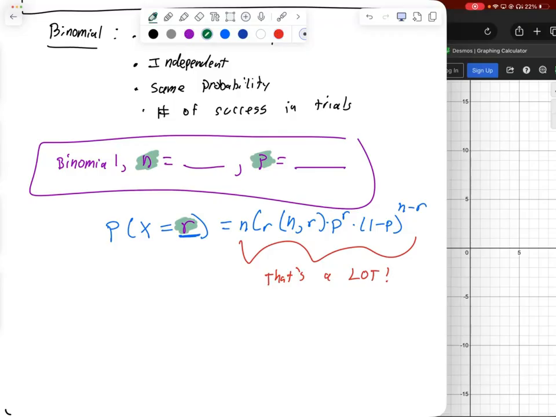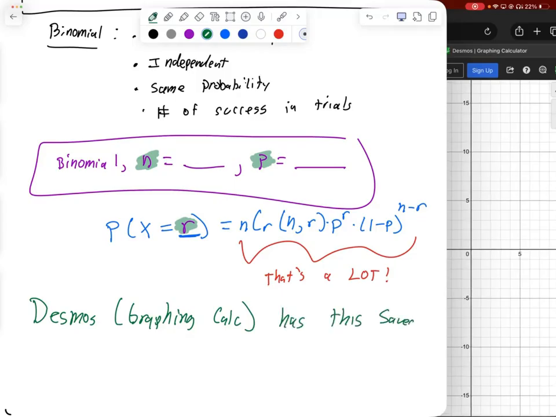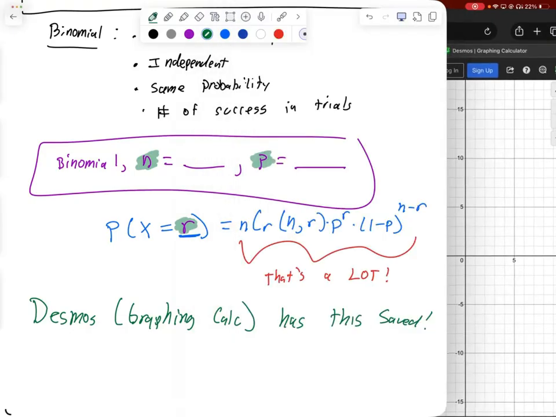The Desmos graphing calculator has this saved. It has this information saved for you. All you need to do is tell it what you want to find.